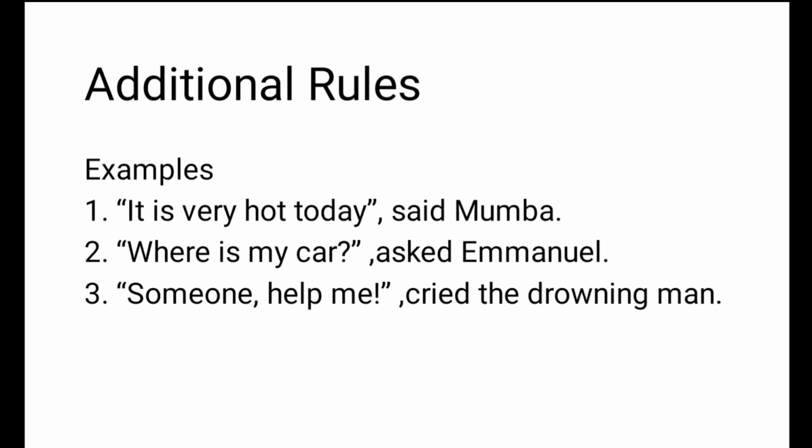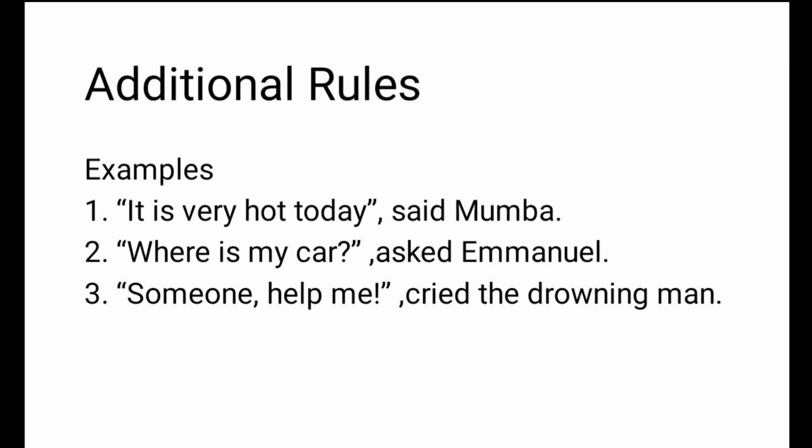Then we will begin the direct speech with a capital letter still. Then we will close with inverted commas after the last punctuation mark of the direct speech. Then the last thing that we will do, we will add the speech tag beginning with a small letter and ending with a full stop.